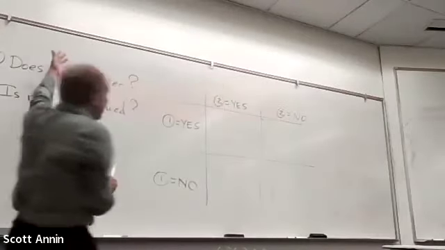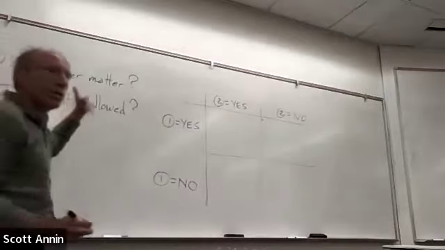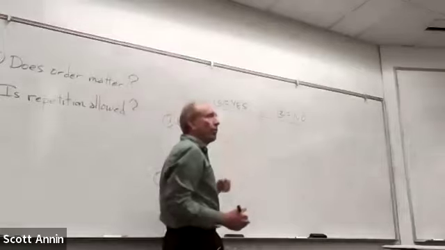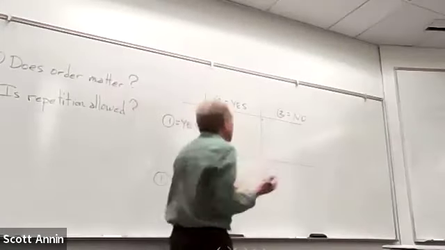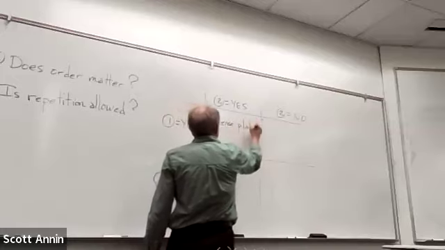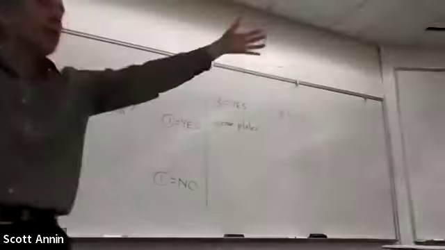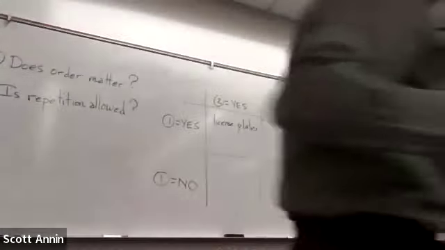So if the answer to both of these questions is yes, order does matter and repetition is allowed, think of some example that you've seen that reflects that. One example would be license plates, right? The order that the characters are in the license plate does matter, but you can see license plates that have the same character multiple times.